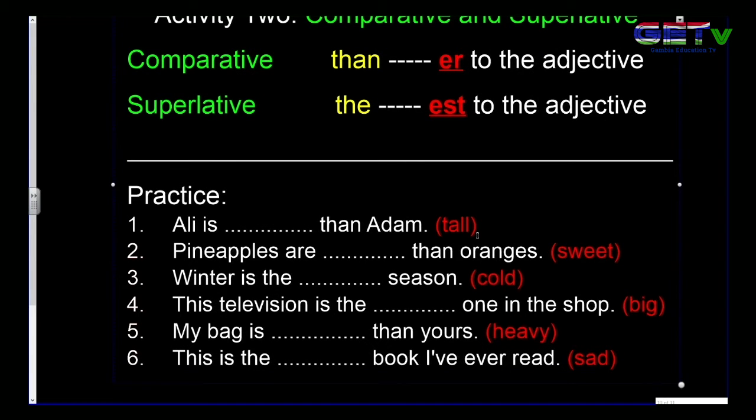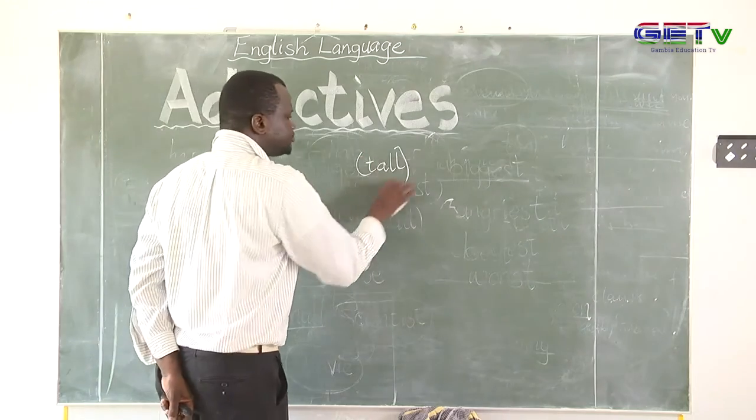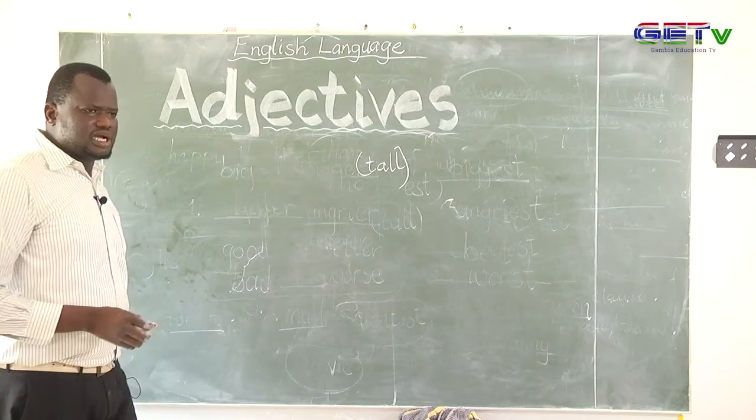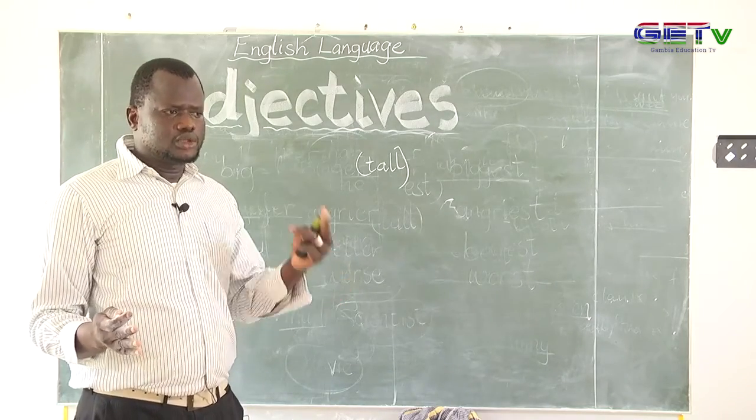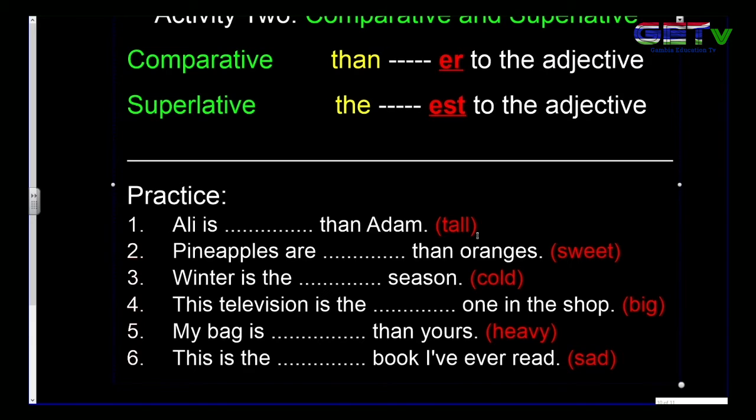Now we practice again. In this sentence, we have Ali is blank than Adam. And the adjective at the end of the sentence in curly brackets is tall. Here, how many people are we comparing? Two, that is Ali and Adam.